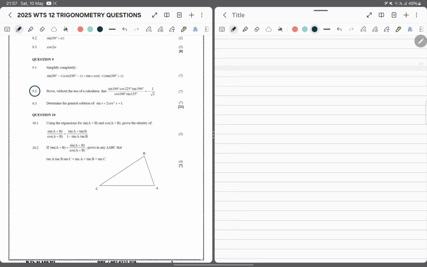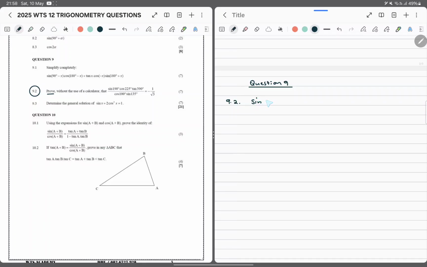It looks like an identity, or at least we can consider it an identity. Question 9, we're doing 9.2. Okay, so we need to prove. Once we prove, remember, it's an identity, okay? Especially when it's an equation on the left-hand side and the right-hand side.